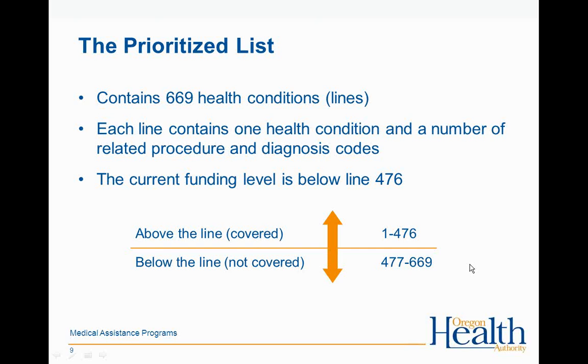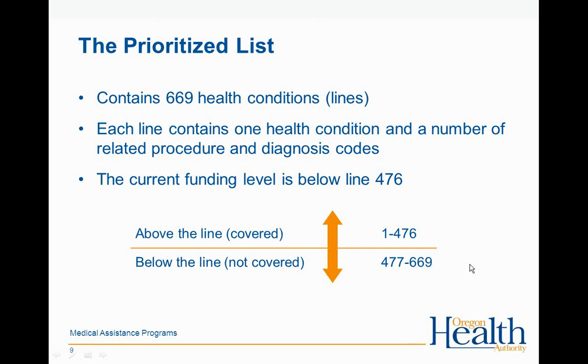You can also find information about the list on the provider web portal. And we'll talk a little bit more about the provider web portal as well. So I want to make sure that you can access this, but this is just kind of an explanation of what the list is, why we use it.